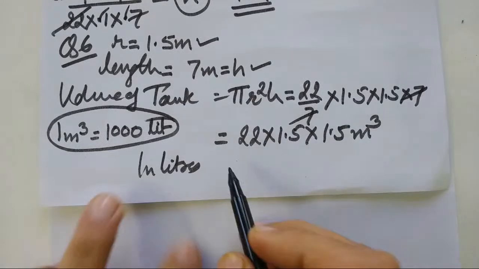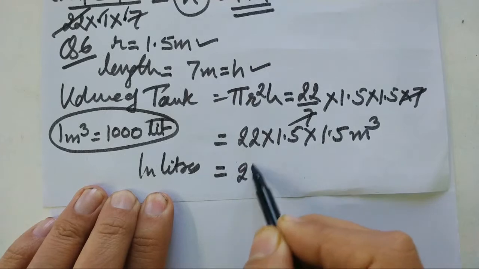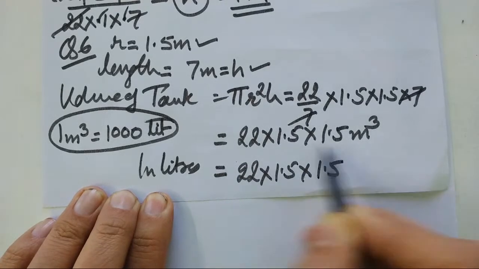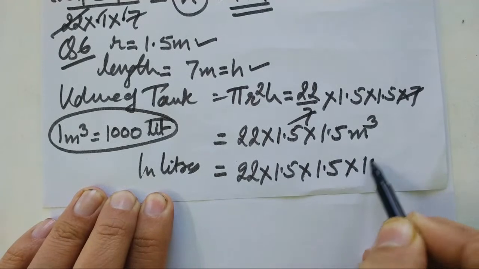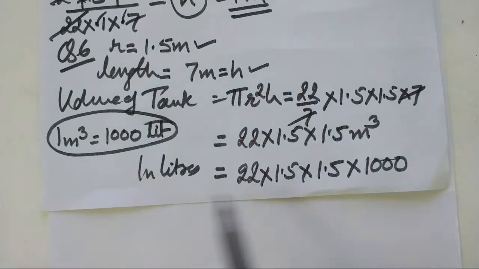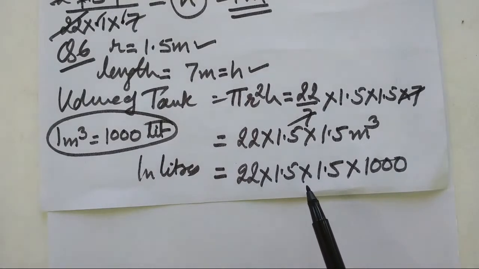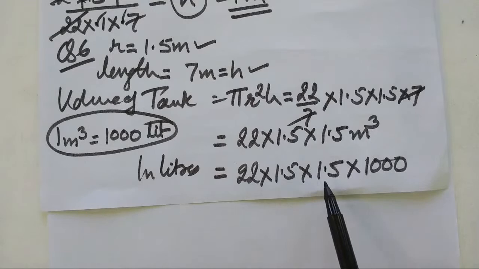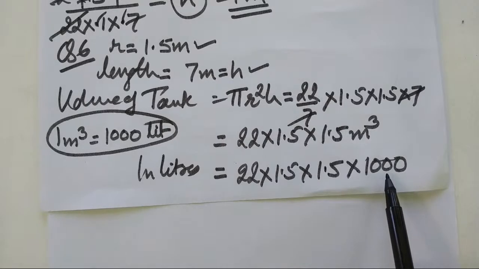So when you want to change it into liters, you will just multiply the answer with 1000. When you multiply, it will give you the answer in liters. So 22 into 1.5 into 1.5 into 1000 will give you the answer in liters of the question. So this is how we solve the answer in liters.